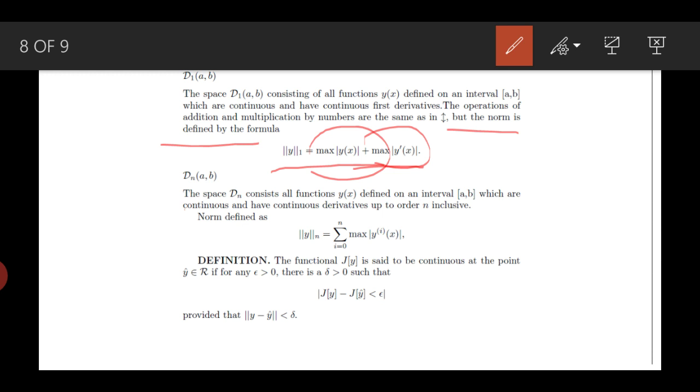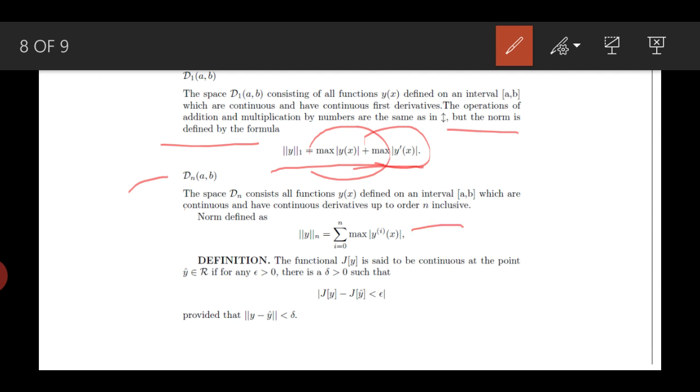The next category is Dn of a comma b, and it consists of all the functions y of x that are defined on this interval a comma b, which are continuous and have continuous derivatives up to order n.